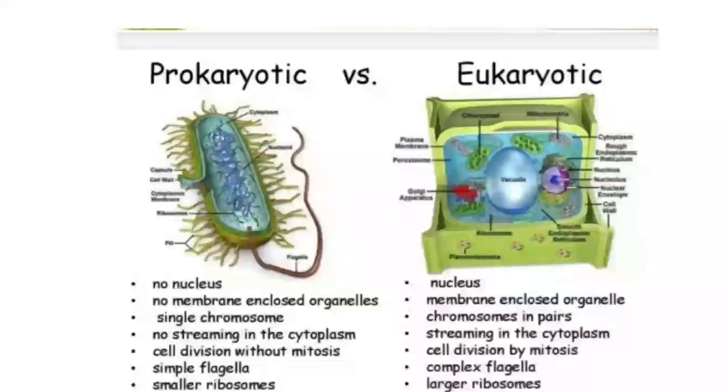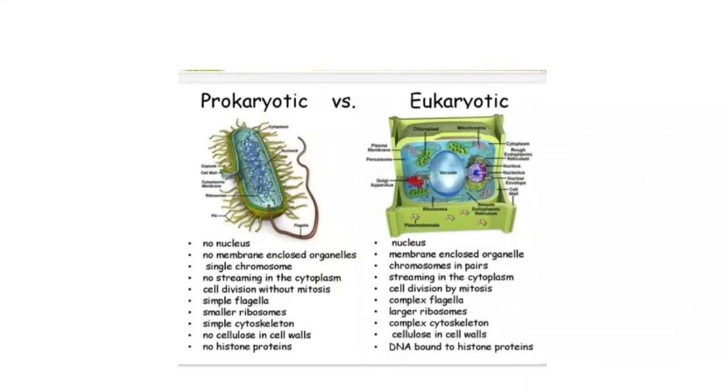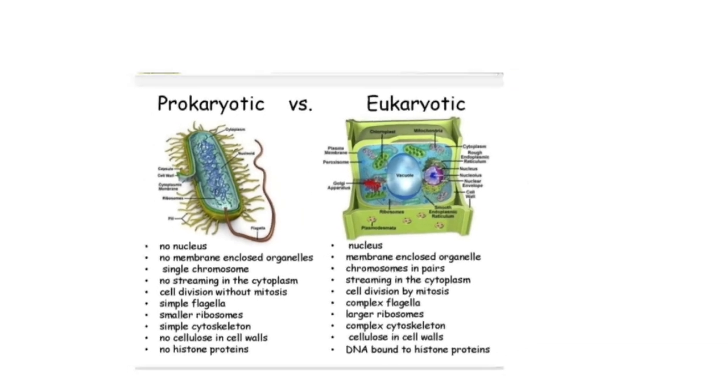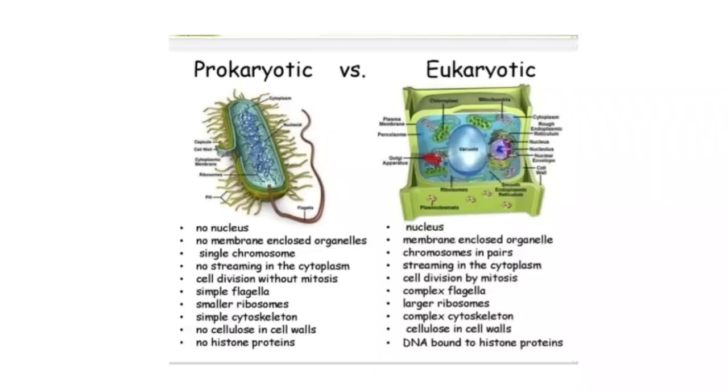See here the difference. This is the prokaryotic cell, this is the eukaryotic cell. The main difference between the prokaryotic and eukaryotic is the nucleus. Prokaryotic cells have no nucleus, eukaryotic cells have a nucleus.